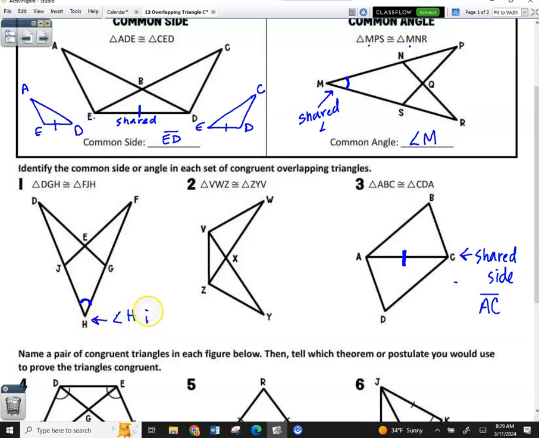Angle H is shared. Number 2, is that a shared side or shared angle? Side. That's like the example I showed with my hands where the thumbs overlap. The shared side is right here. So VZ is our shared side.